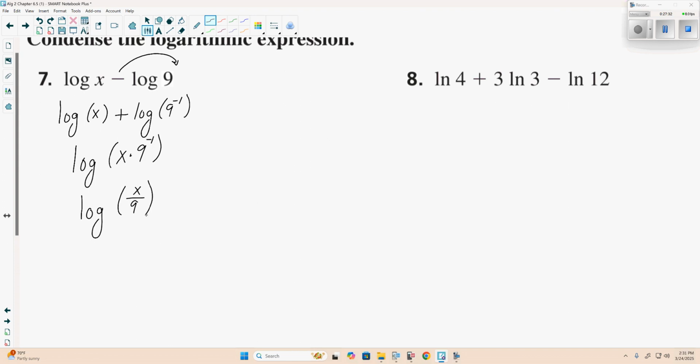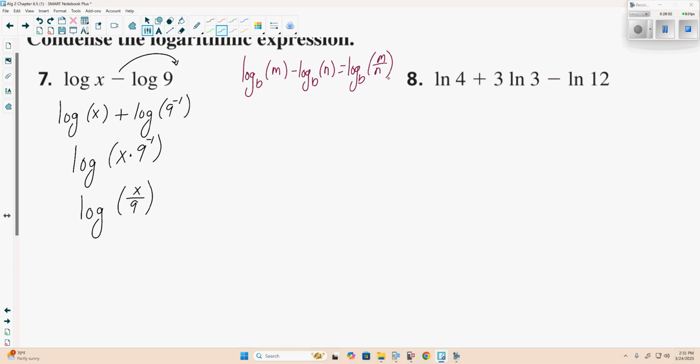Now we do have to fix the negative exponent, so take the 9 from the top of the fraction to the bottom. Okay. Questions on number 7?